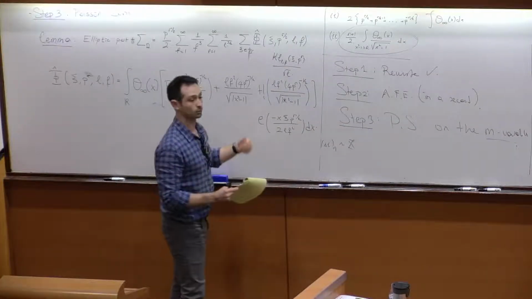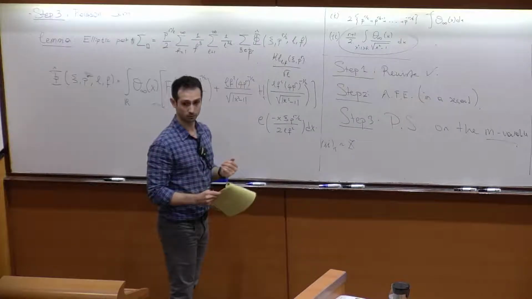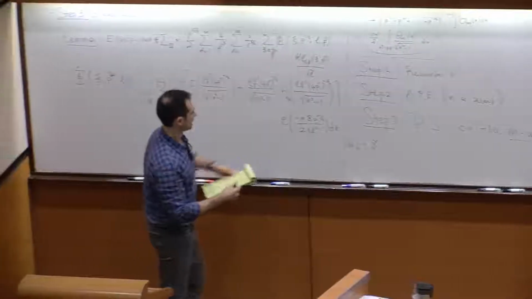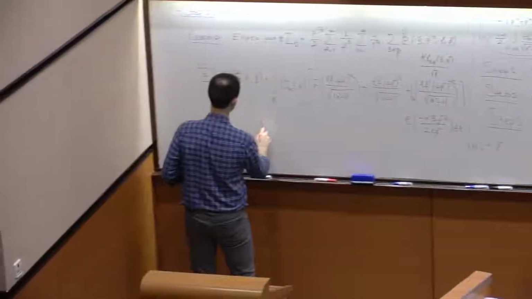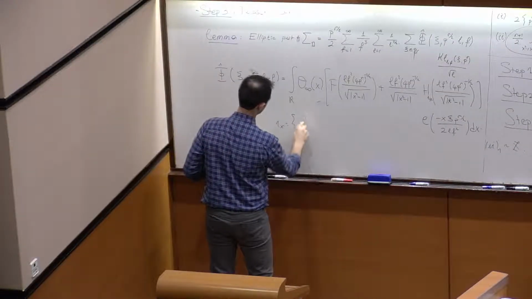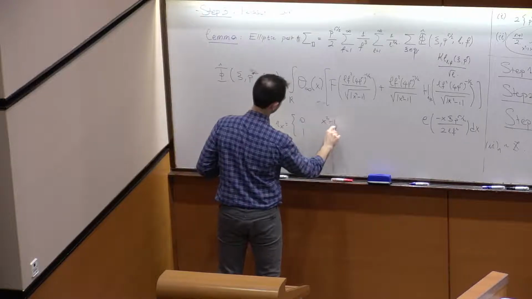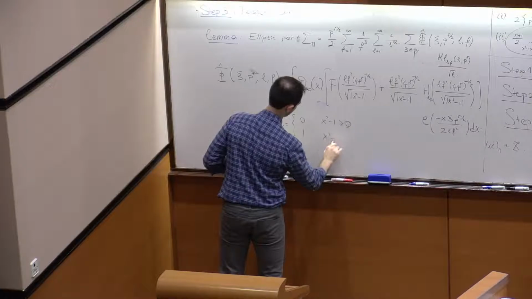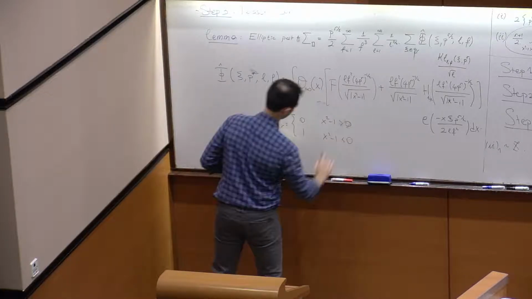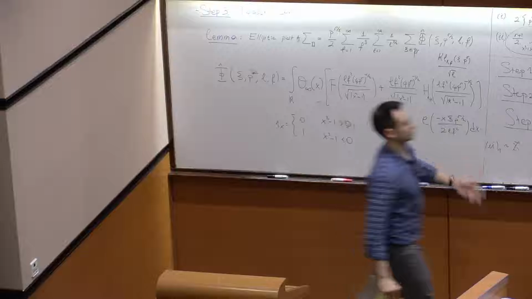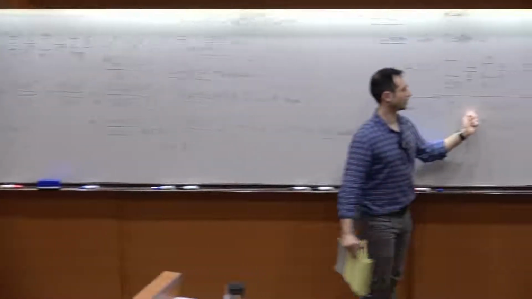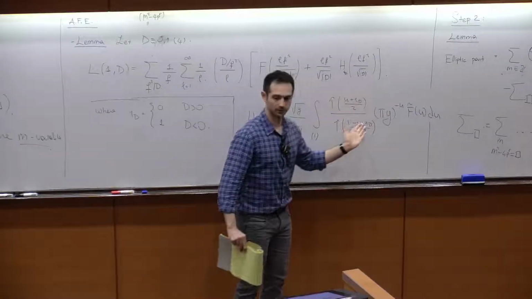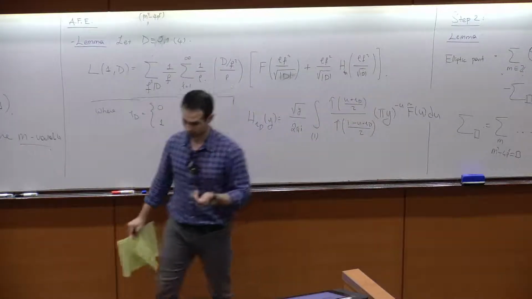If x squared minus 1 is smaller than 0, iota will be 1. So iota of x is the right way to put it, and it is 0 or 1 depending on whether x squared minus 1 is greater than 0 or less than 0. This is a reflection of the fact that on the R elliptic torus, the approximate functional equation looks a little bit different than on the R hyperbolic torus.